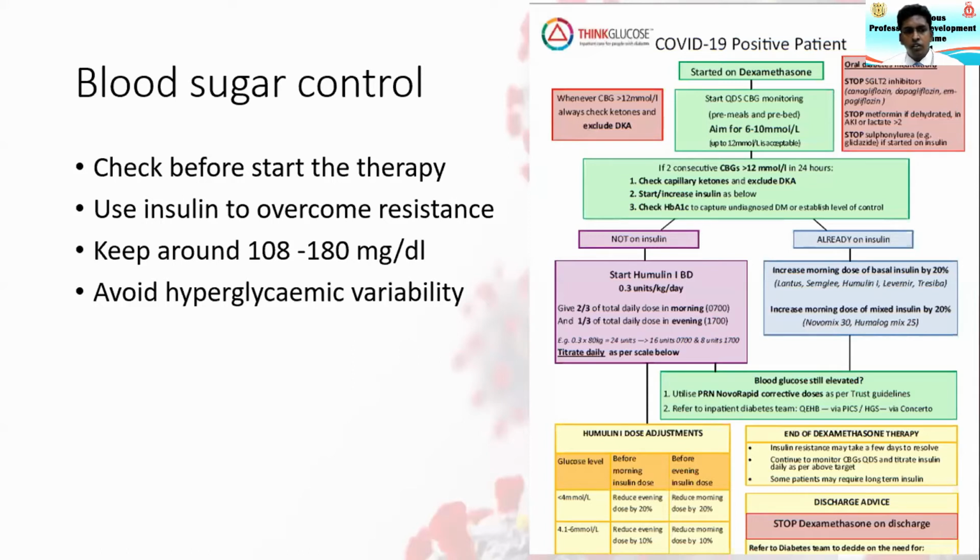And while on therapy, you have to keep the blood sugars below 180. If it's going more than 200, 12 millimoles, then 216, you have to start insulin to control the resistance. And most importantly, you have to avoid hyperglycemic variability in these patients, which shows very harmful effects, so control the sugars.